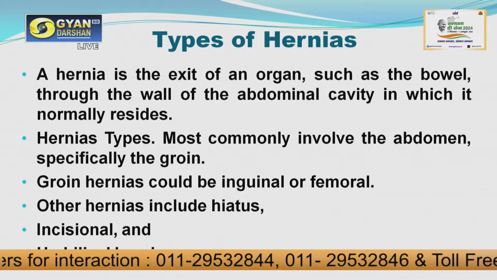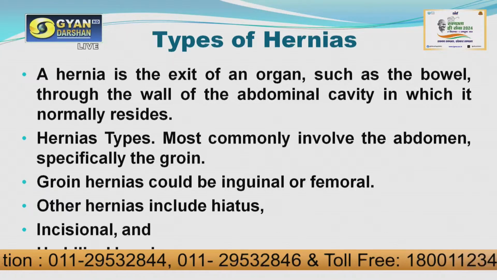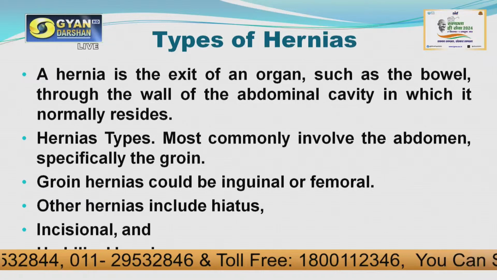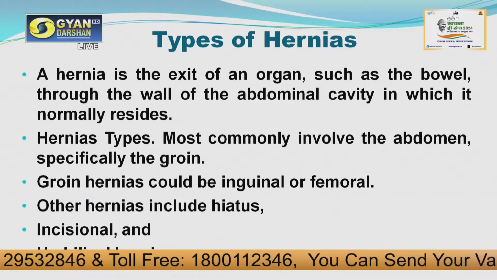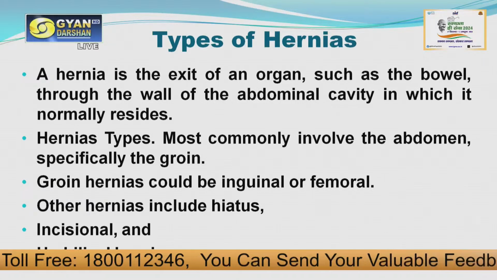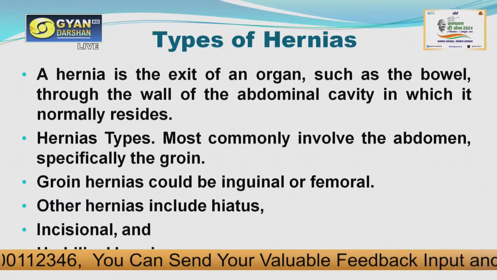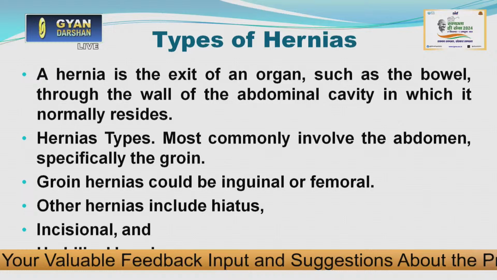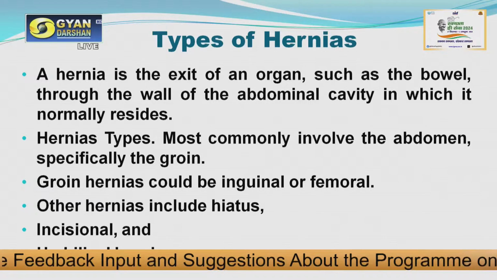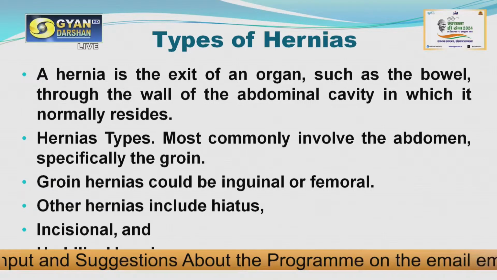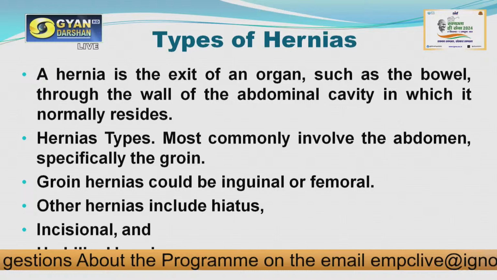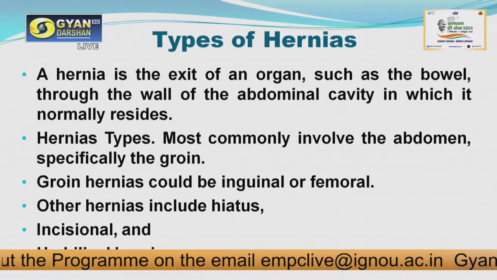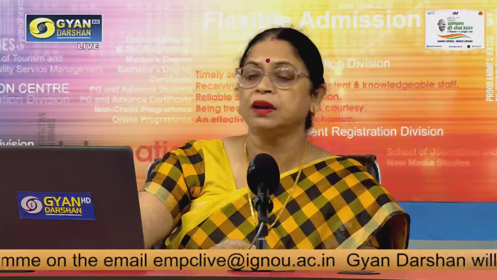So the hernia most commonly involved in the abdomen is specifically in the groin region. So in the groin, we say very commonly, inguinal hernia or the femoral hernia. And other hernias include the hiatus hernia, incisional hernia, and there can be umbilical hernia.